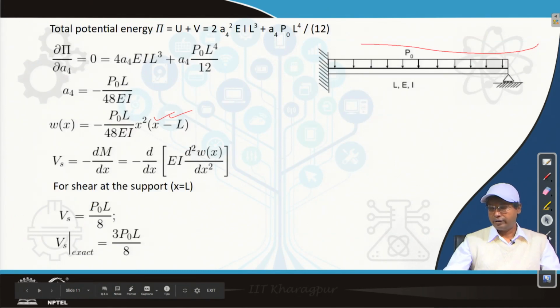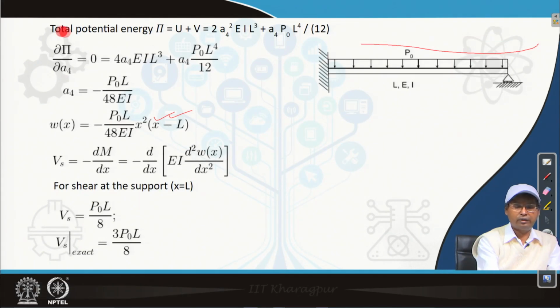So, to do that, the total potential energy U plus V is calculated here, and then, as I have said, the variation with respect to A 4, or partial derivative of the total potential energy, has been found out.